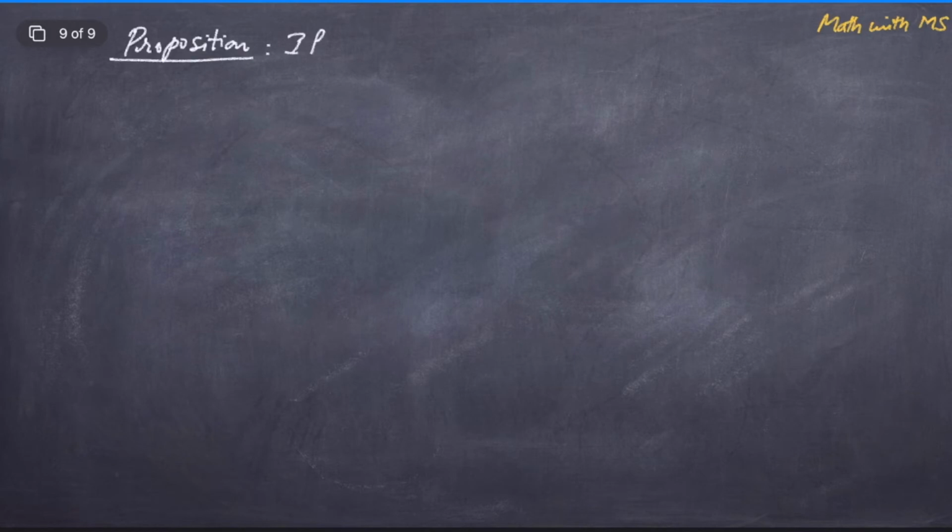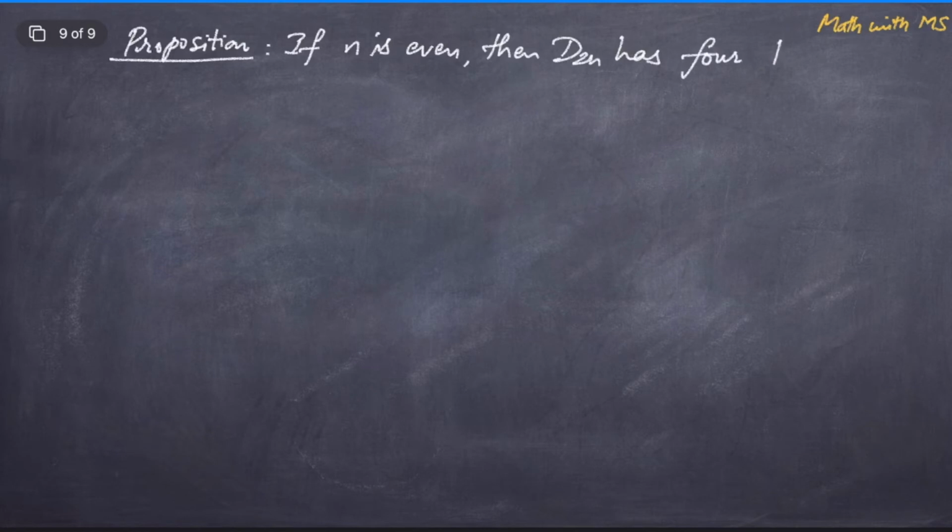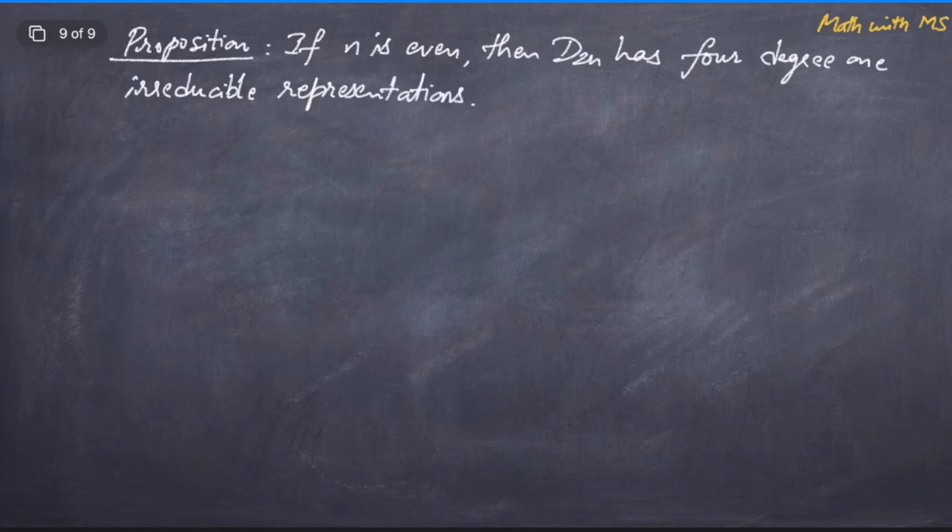If n is even, then D2N has 4 degree 1 irreducible representations. Notice that in degree 1, inequivalent means distinct as functions.